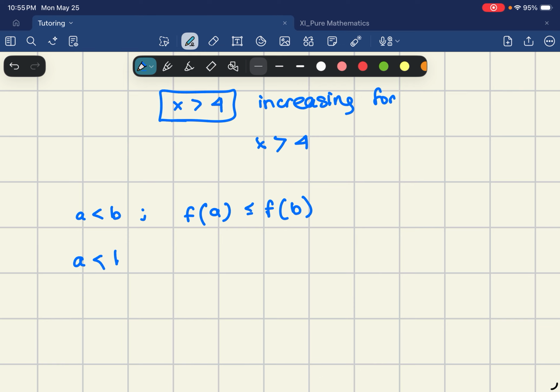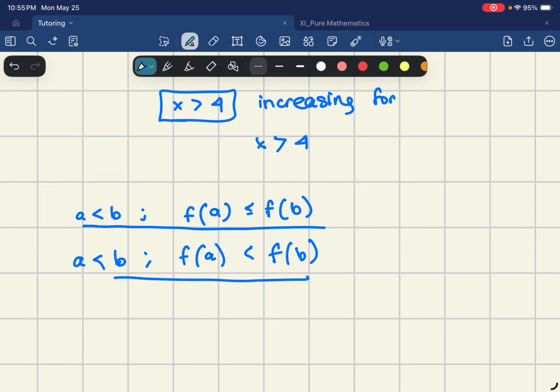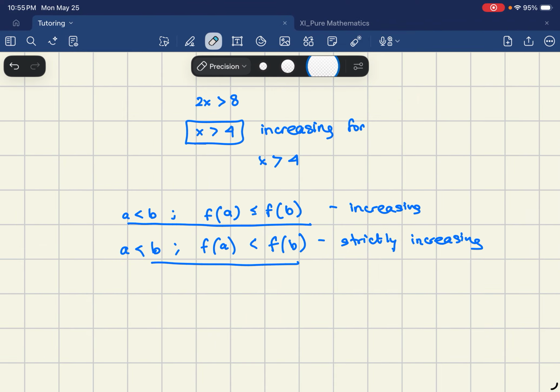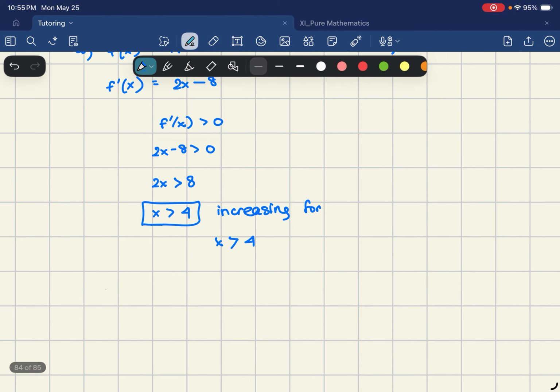But our textbook follows the strictly increasing convention, which is this one. And for this convention, x is bigger than 4. So some textbooks will say that this is increasing, and this is strictly increasing. We are going to follow the strictly increasing idea. Alright, so x is bigger than 4.